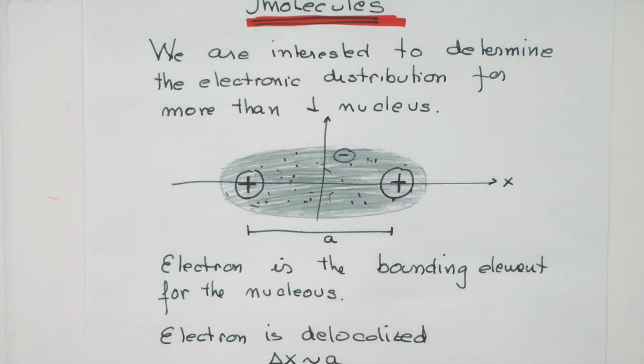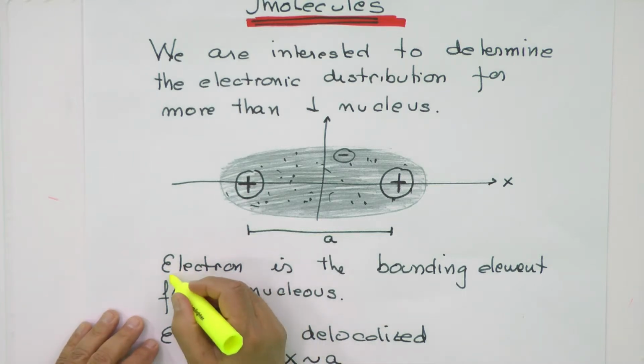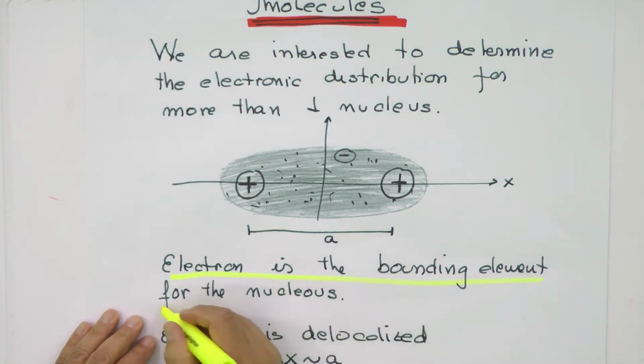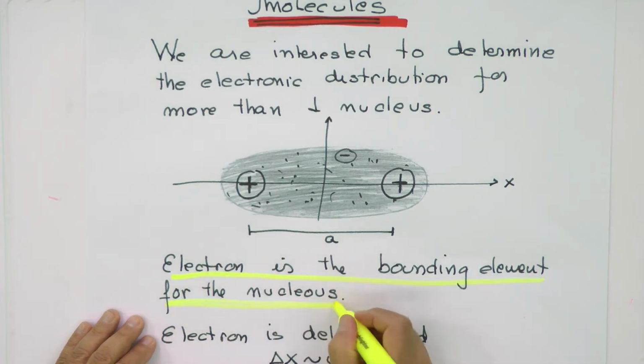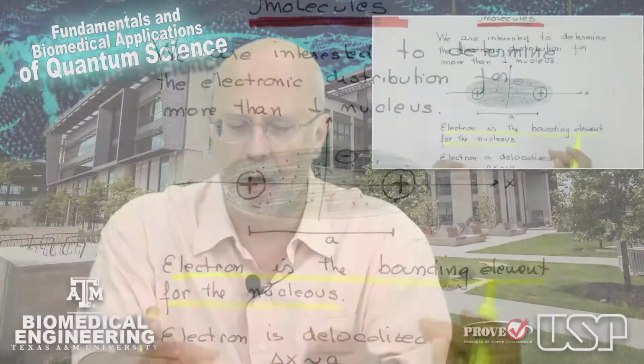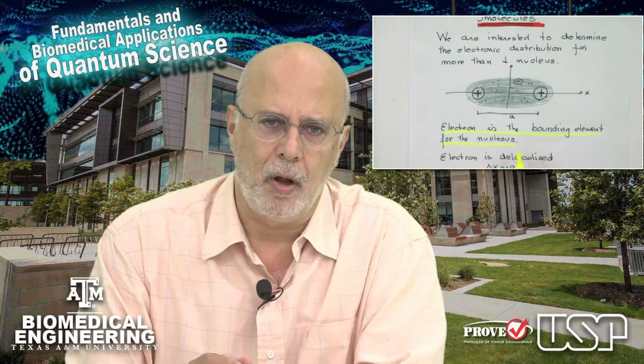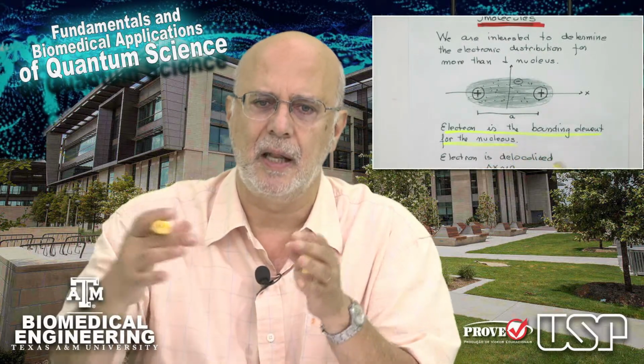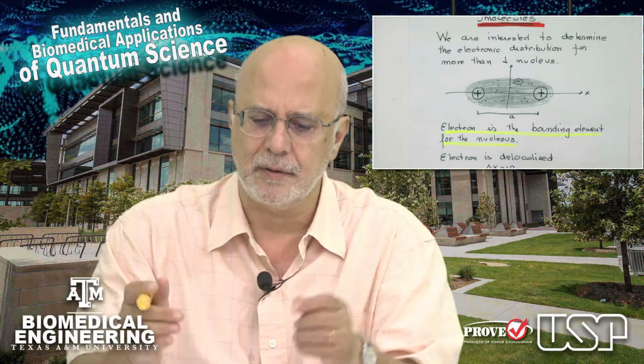So the electron is actually the glue for the two nuclei, right? The electron is the element that maintains the molecule together. So the molecule stays together because the electrons make the bonds.